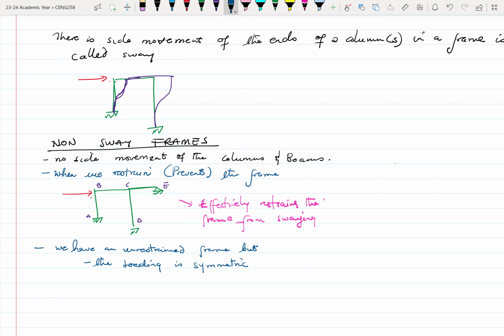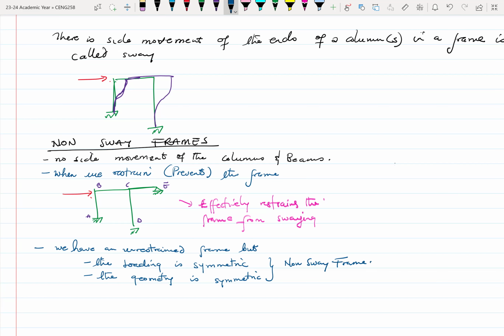So one, the loading is symmetric. The geometry of the frame is also symmetric. Okay, so both the loading and the geometry are symmetric. When that happens, then we can have a non-sway frame.